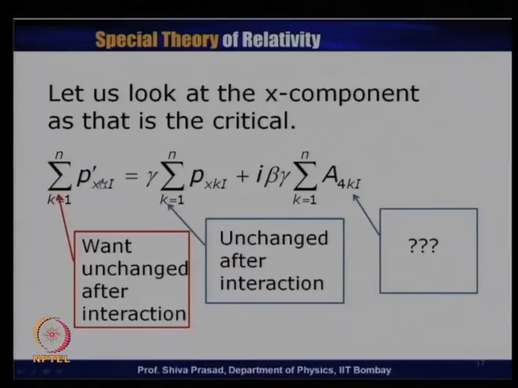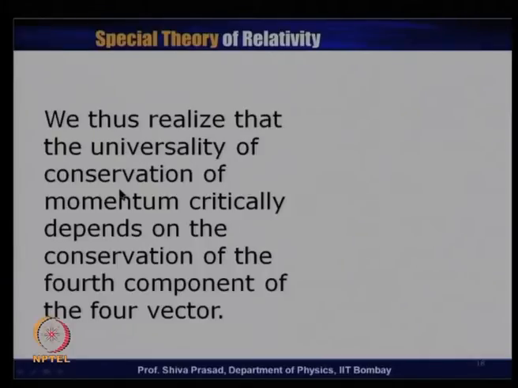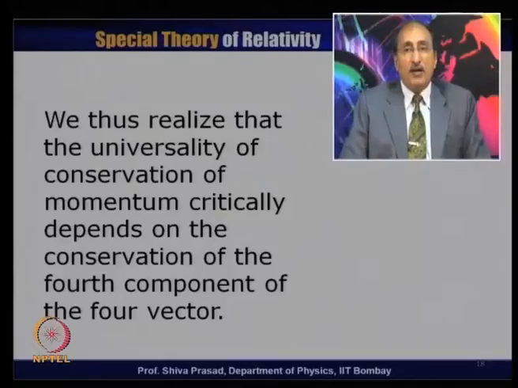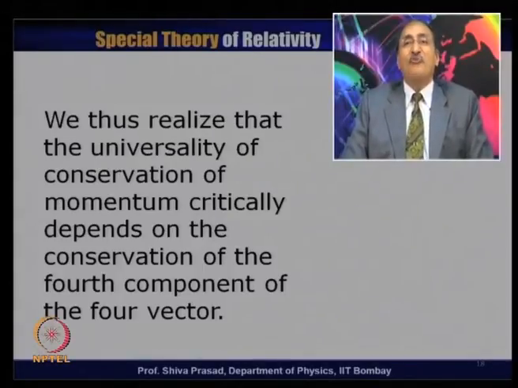Hence, it is extremely critical to know what this particular A4 component is, and only if this A4 component is conserved, then only am I guaranteed that the momentum will be conserved in all other frames. So, we thus realize that the universality of conservation of momentum critically depends on the conservation of the fourth component of the 4 vector.